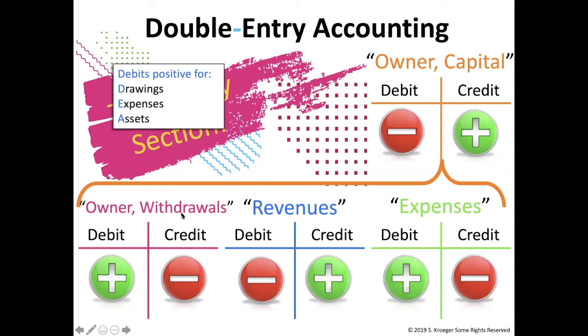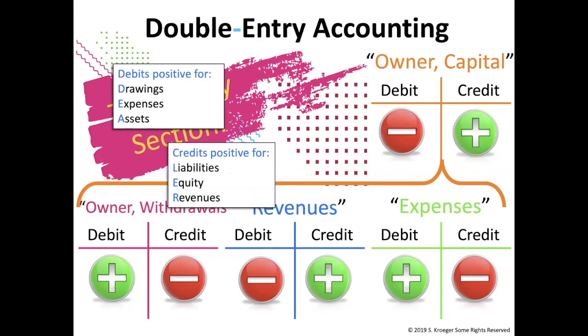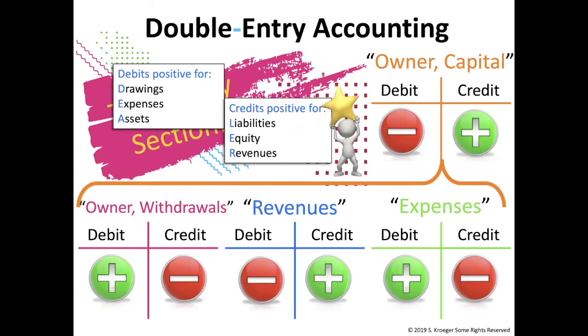Drawings and withdrawals are the same thing. These all have debit balances. The second half, which is LER, stands for liabilities, equity, and revenues, which all have credit balances. So a good trick is to memorize the word DEALER, D-E-A-L-E-R. Debits are positive, credits are positive.